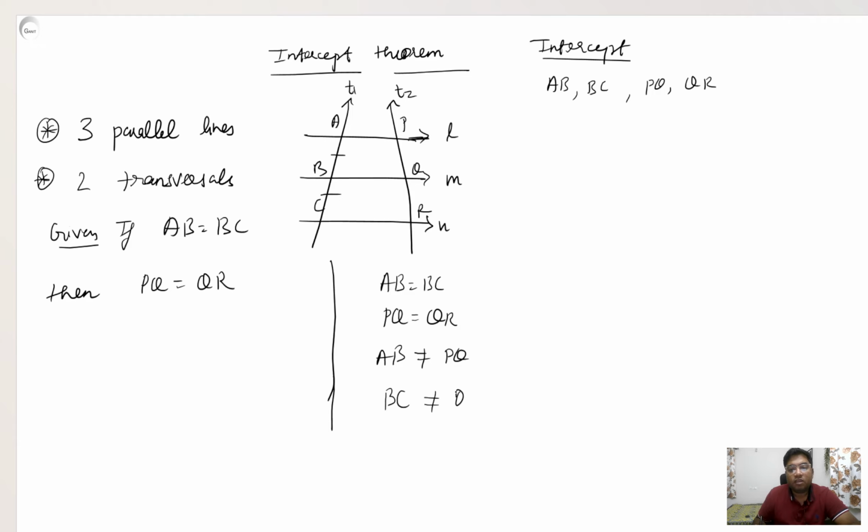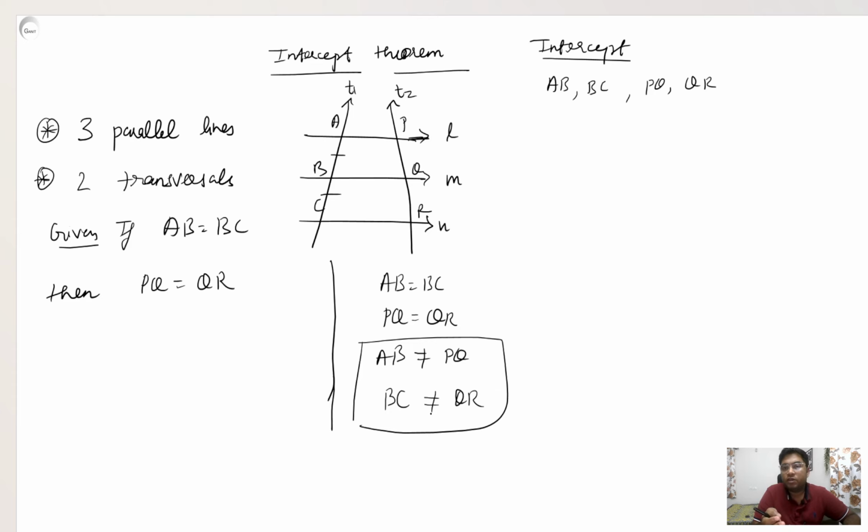BC is not equal to QR. This is not guaranteed by the intercept theorem. I'm telling you AB is not equal to PQ. That also does not mean that AB can never be equal to PQ. It can be, if a particular question is giving you that kind of information. But it's not a part of intercept theorem.